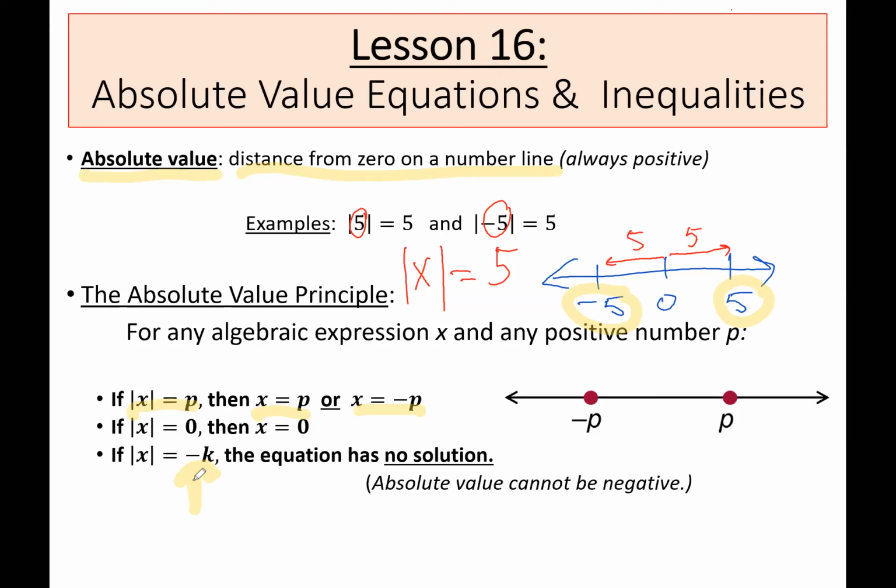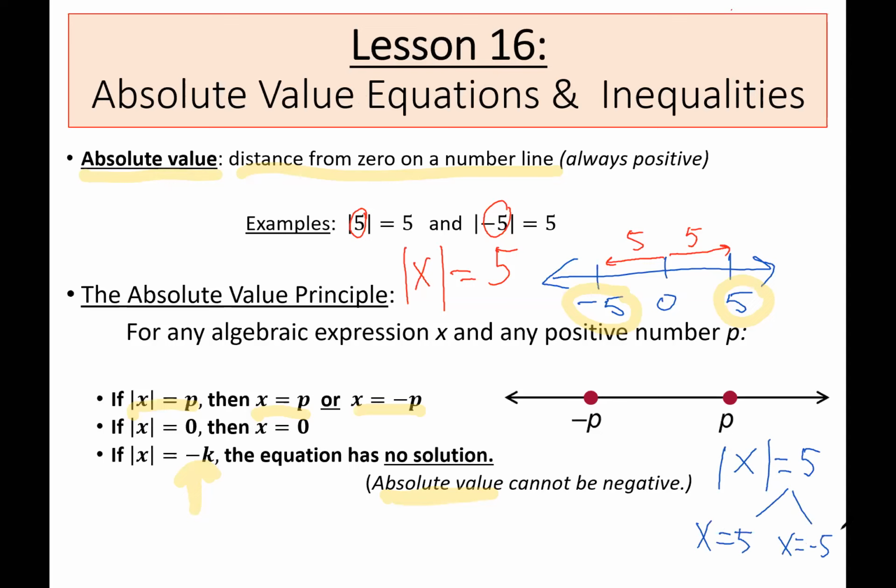Now, I know you might be thinking, wait a second, didn't you just say -5 could be a solution? Yes, I did. A negative can be a solution to an absolute value equation, but the absolute value itself can't be negative. So here's what I mean by that. Just going to try to clarify this. If the absolute value of x is equal to 5 again, x could be 5 or x could be -5.